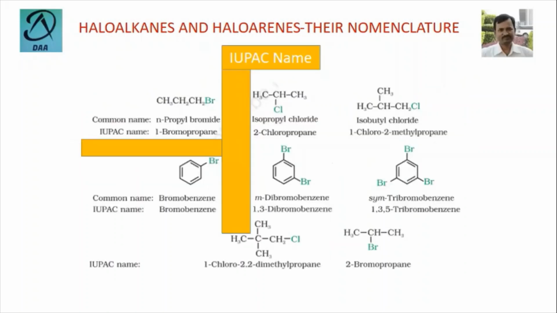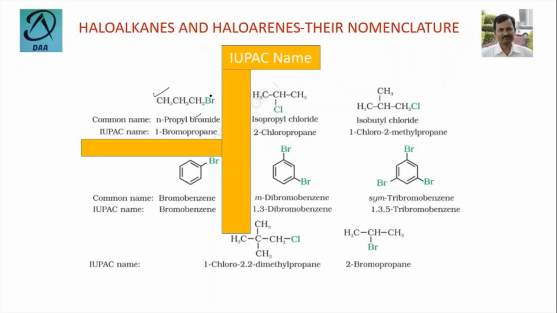Now we'll see one example. The example is for this formula CH3CH2CH2Br. In this case, the common name is n-propyl bromide. That means this comes from propane. Three carbons are there, so from propane, this derivative is propyl.